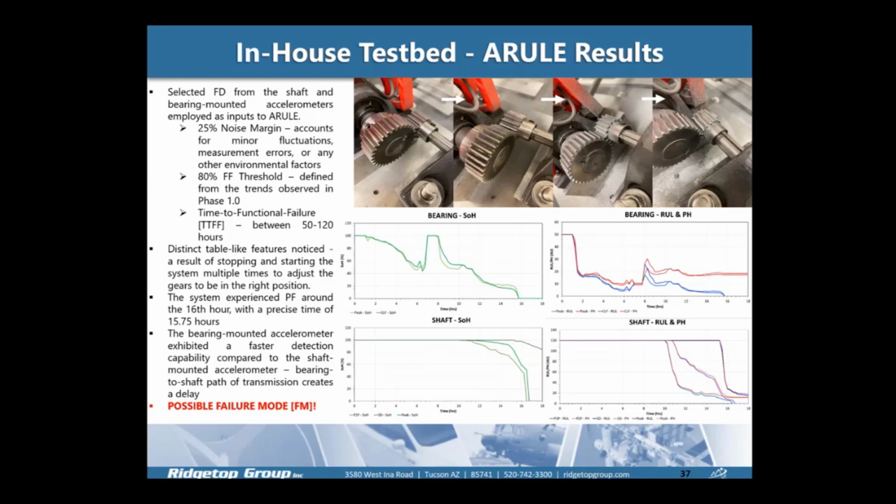The system experienced physical failure around the 16th hour, precisely 15.75 hours. It was found that the bearing mounted accelerometer exhibited a faster detection capability compared to the shaft mounted accelerometer. This was again another possible failure mode for the test bed. Next.